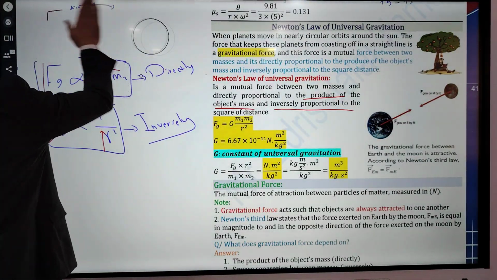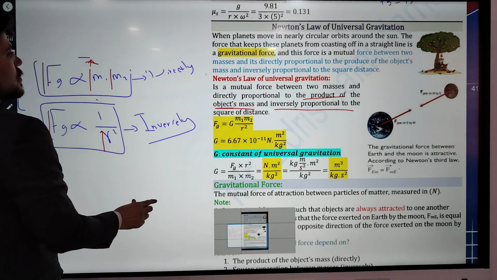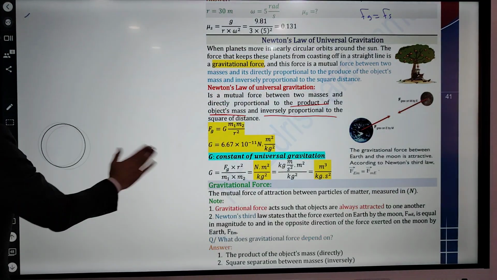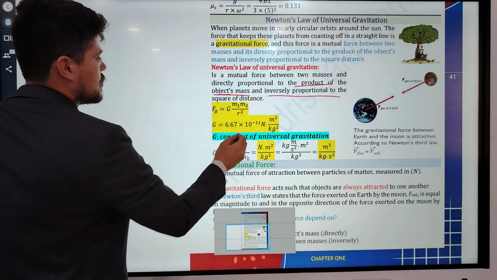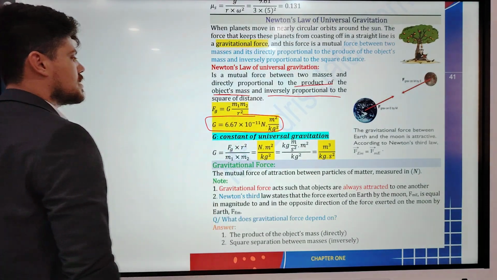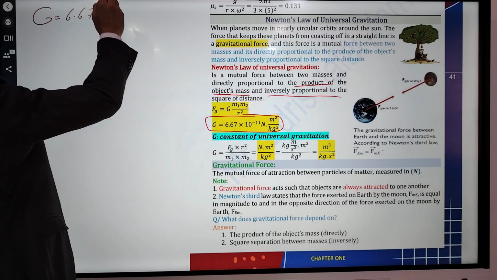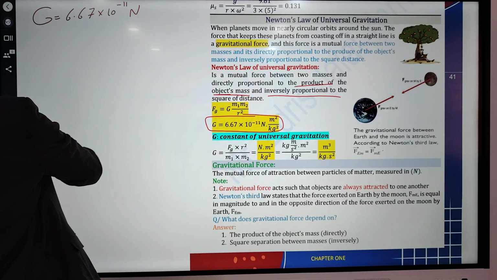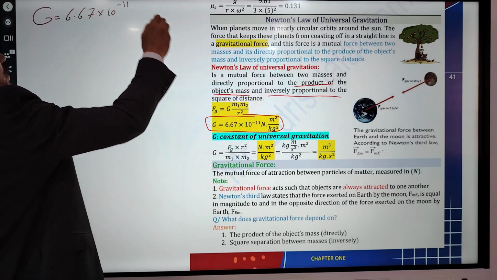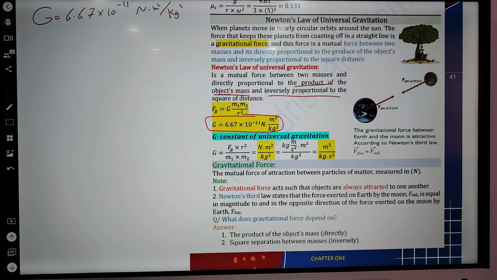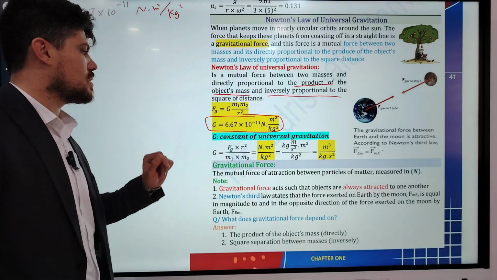Okay, so G is a constant, which is equal to 6.67 times 10 to the power negative 11 Newton meter squared per kilogram squared. The unit of the gravitational constant is very important, be careful.